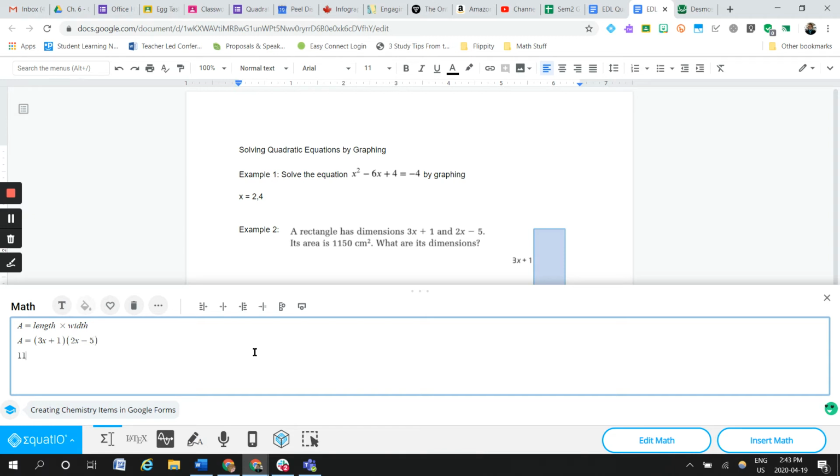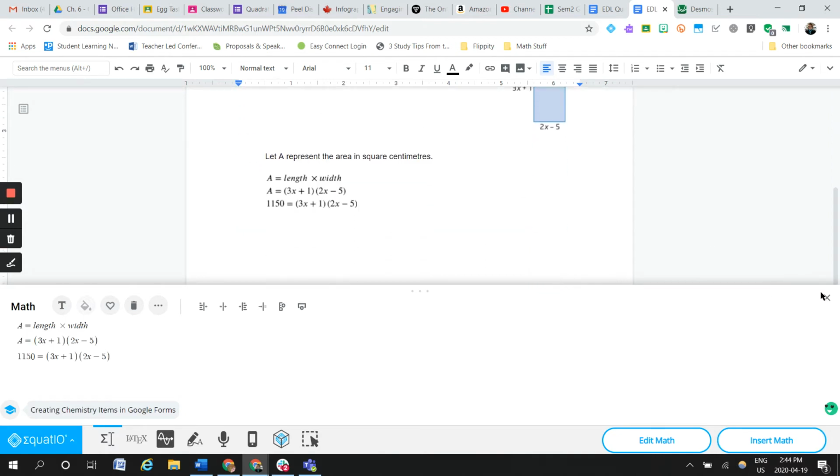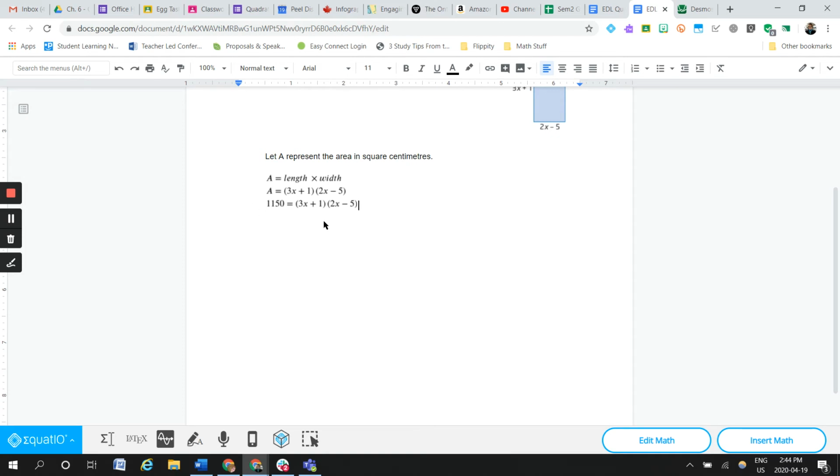And in fact, we're given in the question that the area is 1,150. So we now know the equation that we're actually looking to solve. Okay, so this is what we're going to use in our graph to actually find our answer.